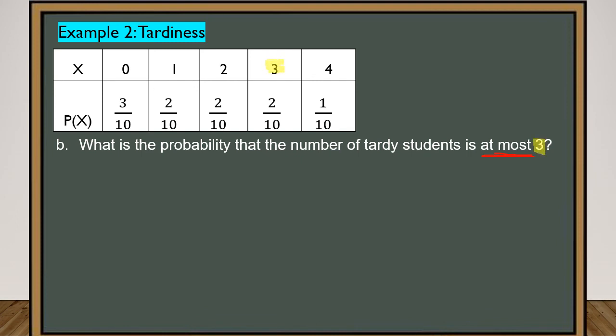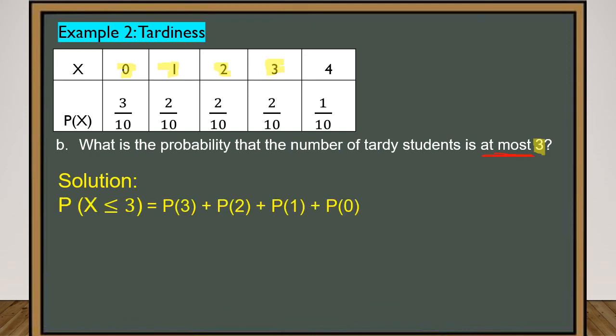So if 3 is the highest number, then we will have values of 2, 1, and 0 as well. In mathematical notation, we have the probability of x less than or equal to 3. So we have values of 3, 2, 1, and 0.